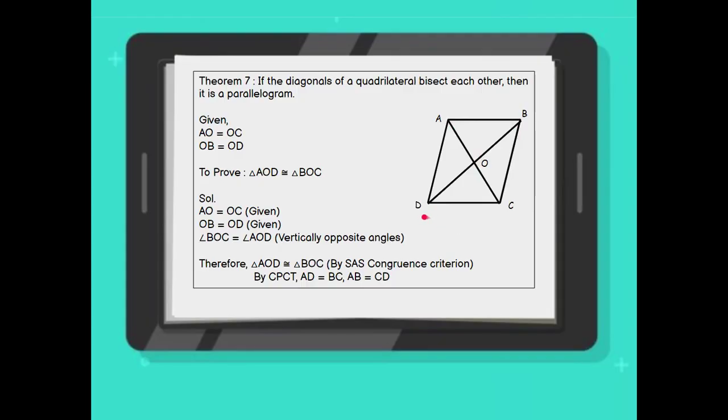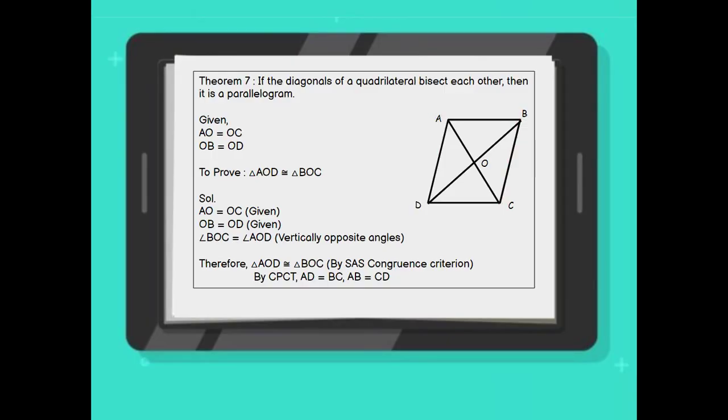Same question again. If I'm proving them equal, how am I proving that they are parallel? Because if I prove only that they are equal, it will be a rhombus. I will have to prove that they are parallel. How will I prove that? By CPCT, I can again tell that angle ADB is equal to angle DBC, and angle DAC is equal to angle BCA, and these two are alternate interior angles, right?